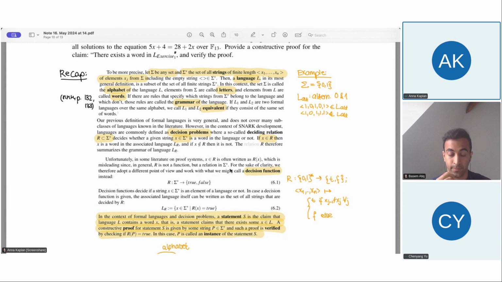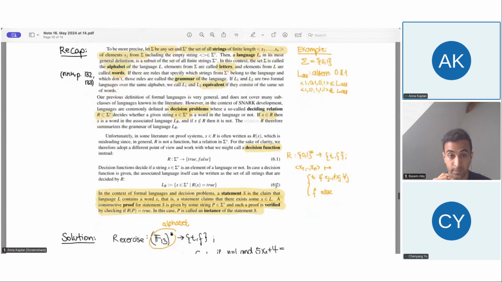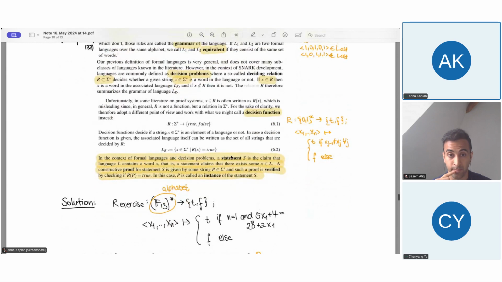We define the grammar as a decision function, where all the words that are in the language are true under this deciding relation. In general, later we're always going to say, build a SNARK for the statement.